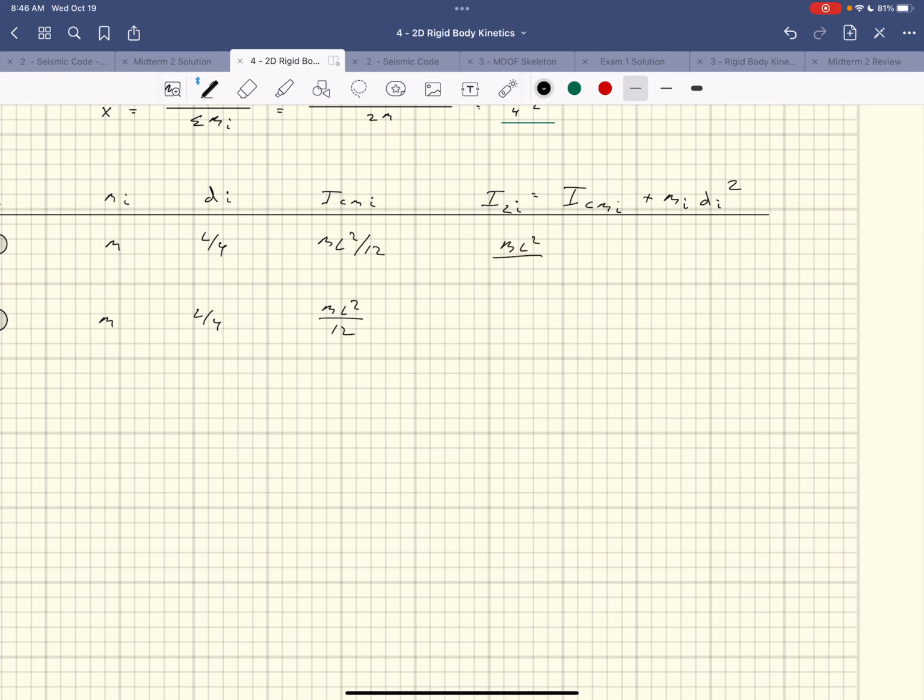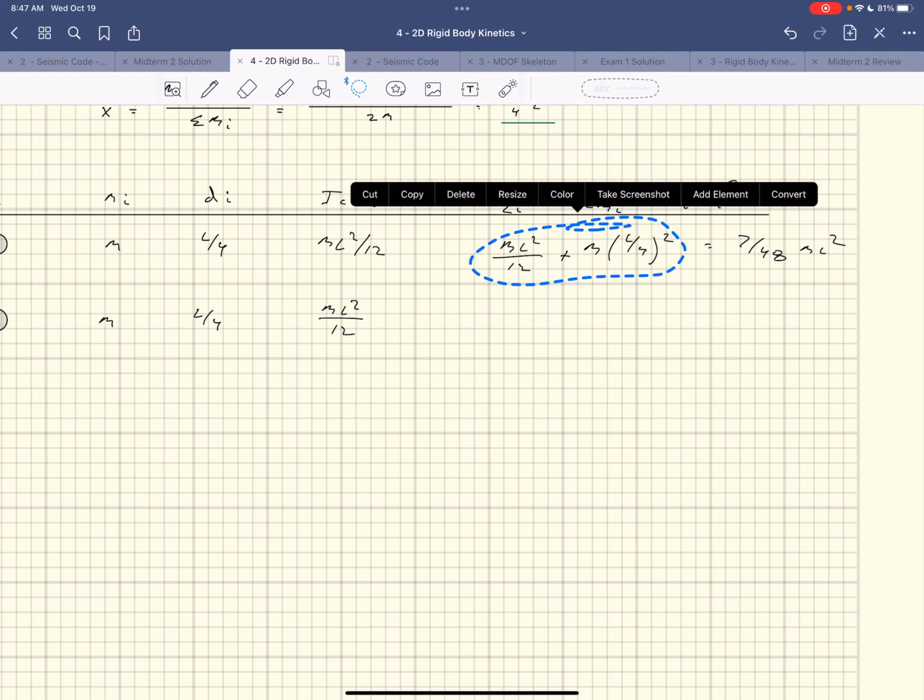ML squared all over 12 plus M times L over 4 squared. And what you get here is 7/48 ML squared. I'm going to cheat again. The bottom one is the same thing.